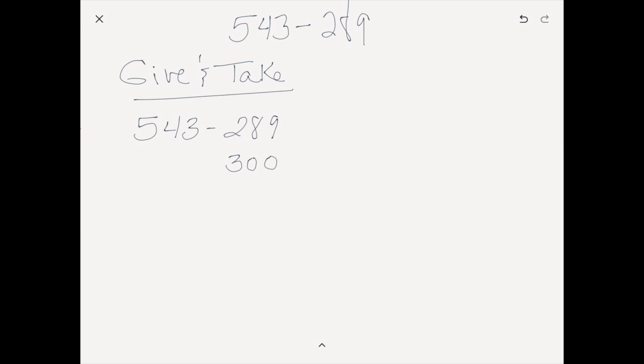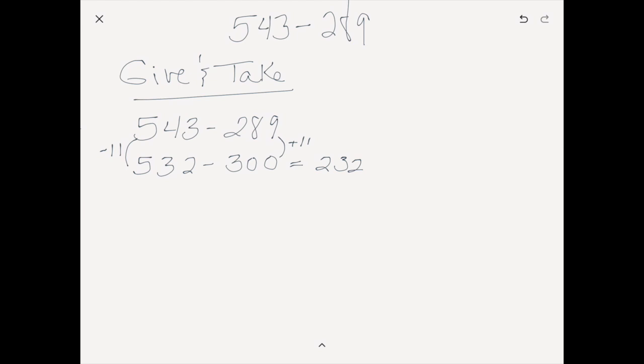And they'll say, okay, well, I have to give 11 to the 289 to make that 300. So I'm just going to take 11 from the 543. And then we subtract, and we already know we solved it one way, and that's not the right answer. But it worked when the kids did addition, but now all of a sudden it doesn't work when they're doing subtraction. So why doesn't it work?